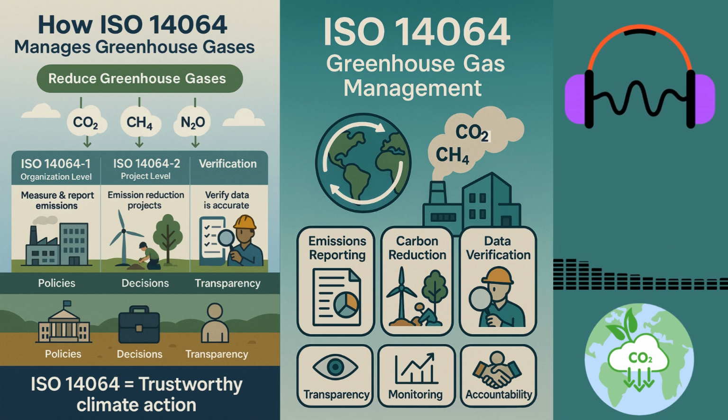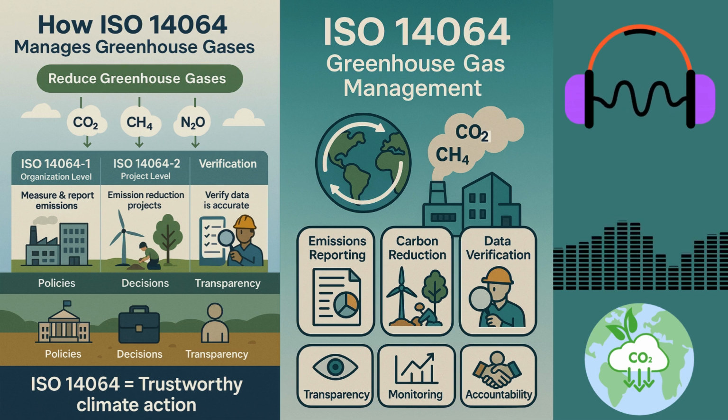For a big company with subsidiaries and investments, this is determined using 3 criteria: equity share, financial control, and operational control. If a company has a controlling interest based on any of these, that entity's emissions are included. It's not just about physical location, it's about influence and taking responsibility for the impact of your investments.